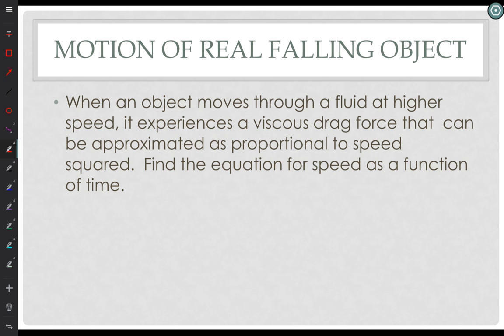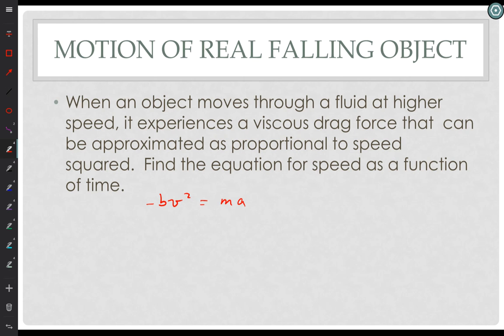Now, I'm not going to redraw the free body diagram. Instead, I'm just going to go straight to minus b v squared is equal to m a. That's what this model gives us. Both of them are correct models. It just depends on the speed which one is the correct model.